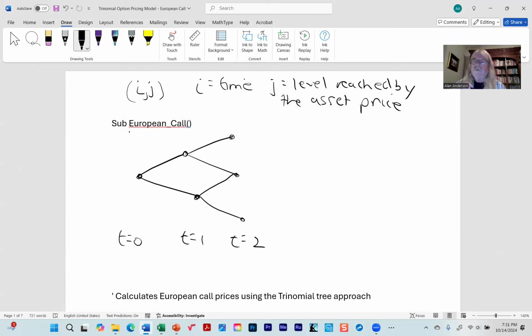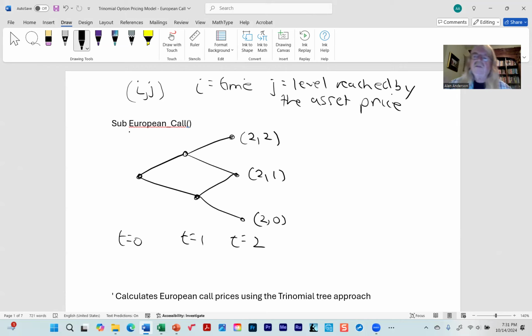So the indexes work like this. i is time, j is level. Here, for example, this node was designated 2,0, 2,1, 2,2. The first indicates the time.